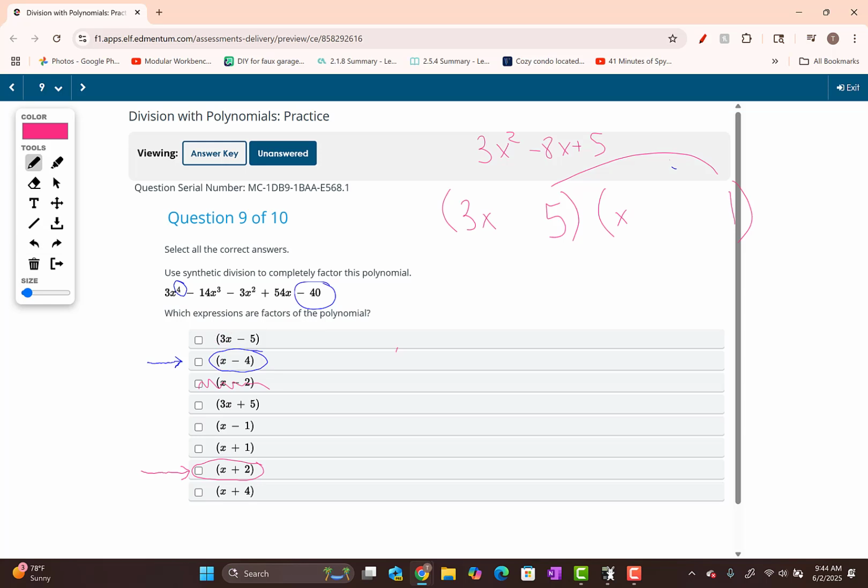But I know that both of these numbers are going to be negative, and that's because this middle sign right here that goes with the 8x is negative. So it's got to be 3x minus 5 and x minus 1. We could have kept doing synthetic division for this problem and gotten the answer, but that was a quicker way to finish that one, because it was already a pretty long problem.